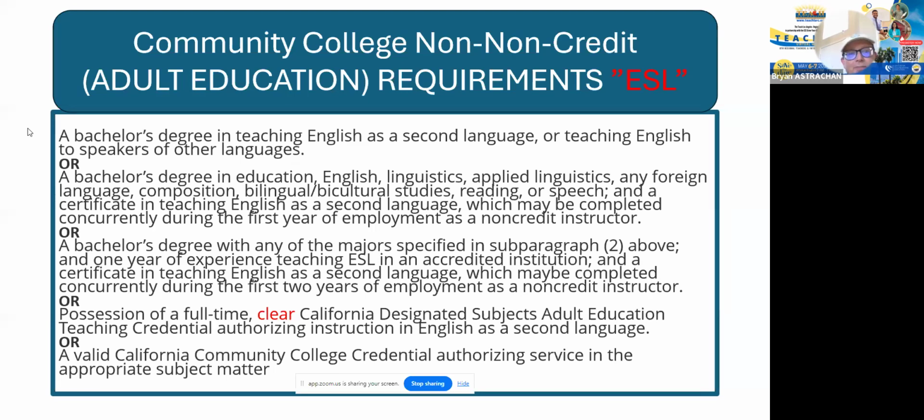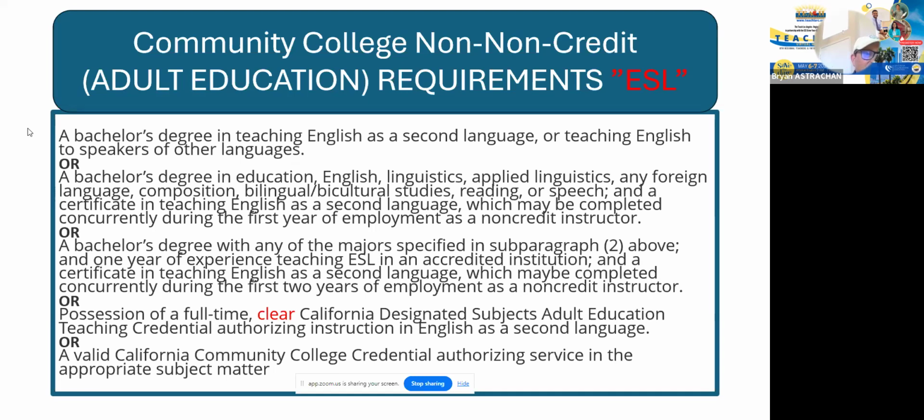And that is, as you can see, a bachelor's degree in teaching English as a second language, or teaching English to speakers of other languages, or a bachelor's degree in education, English, linguistics, applied linguistics, any foreign language, composition, bilingual, bicultural studies, reading or speech, and a certificate in English as a second language teaching, commonly called TESOL, which may be completed concurrently during the first year of employment as a non-credit instructor.